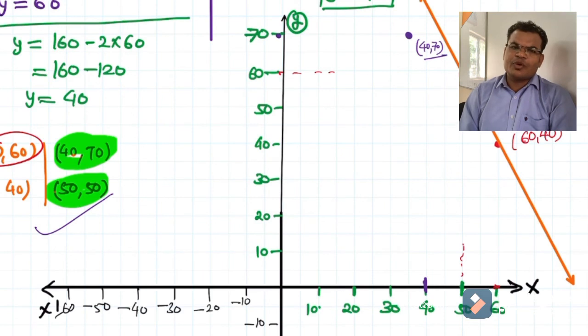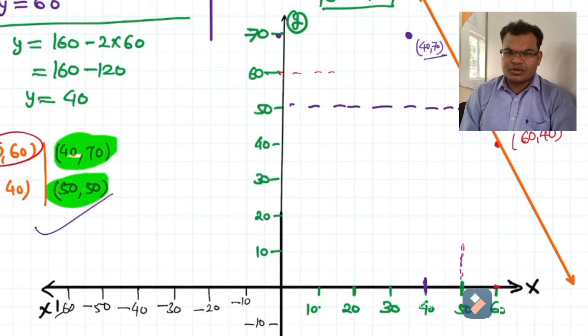The second point is 50 comma 50. 50 is here on the x-axis and the y value 50 comes here. Draw the perpendicular and you can mark the intersecting point here. So 50 comma 50 will be here. Okay guys, 50 comma 50 is the second point.